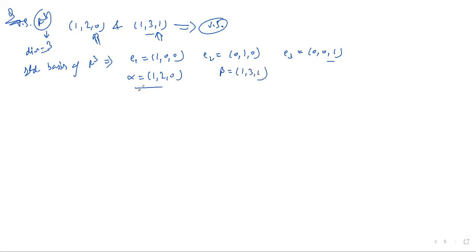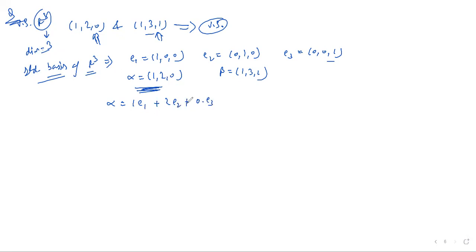Start with alpha. These are the standard basis vectors of R cube, so alpha can be written as a linear combination of E1, E2, E3: alpha equals 1 E1 plus 2 E2 plus 0 E3.